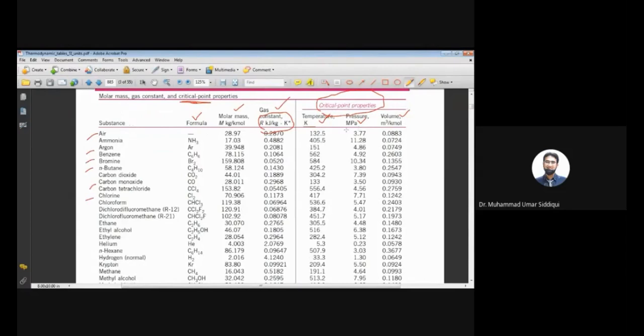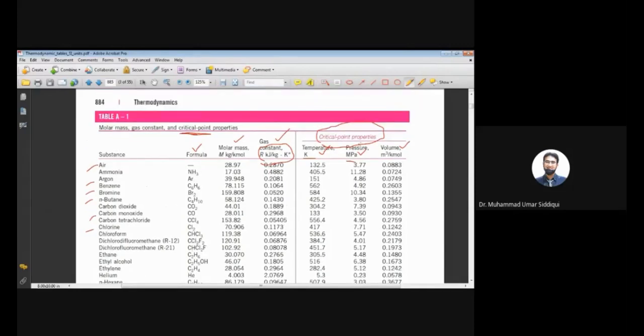Look here, the pressure is given in megapascal, sometimes it's given in kilopascal. So you always need to look at the table and at the unit of the parameter. If you are reading a value from a specific table, you need to look at the unit of the value you are reading, so that you know in what unit you are utilizing this value.